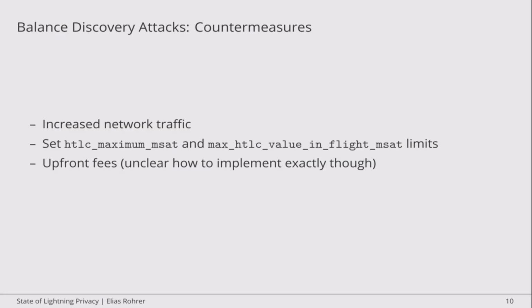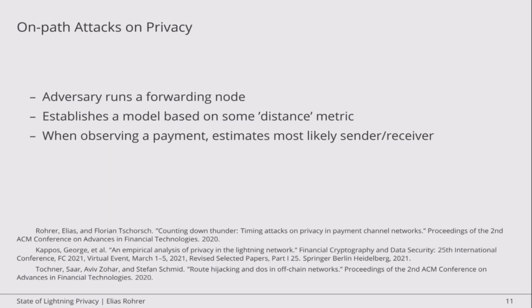The third approach would be upfront fees, which is interesting for other reasons also, but so far it's unclear which approach to upfront fees is best and how we would implement them. There are several proposals, but I think none so far were really going anywhere. But I would say balance discovery attacks are a feature, not too bad.